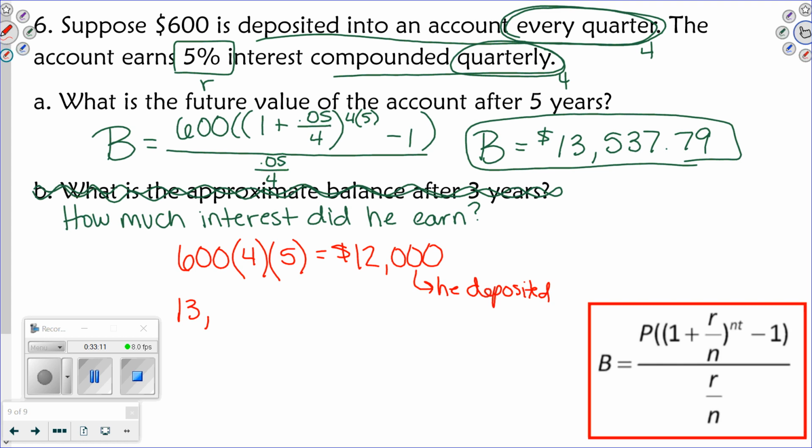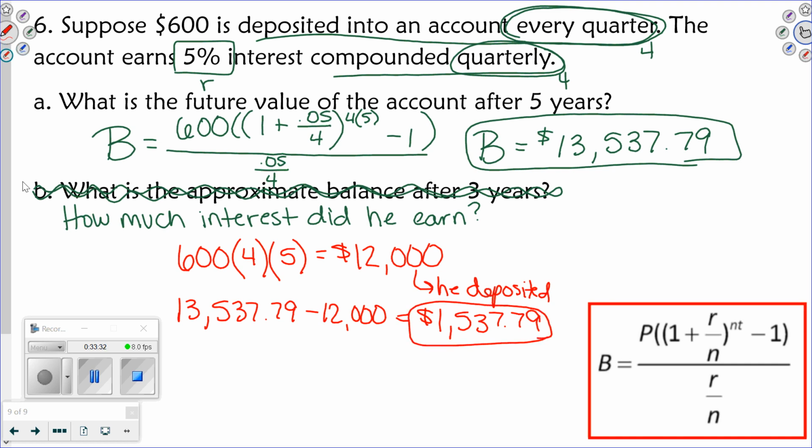So 13,537.79 minus 12,000. Yeah, I don't know why I'm typing that in. 1,537.79. I know. That's easy math to do in your head, and I totally wasn't.